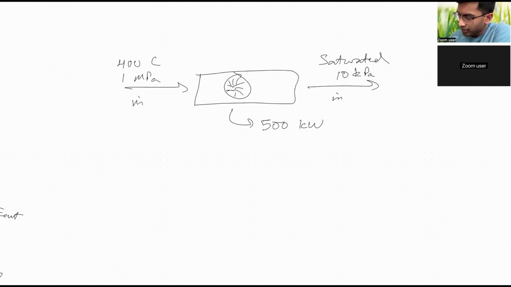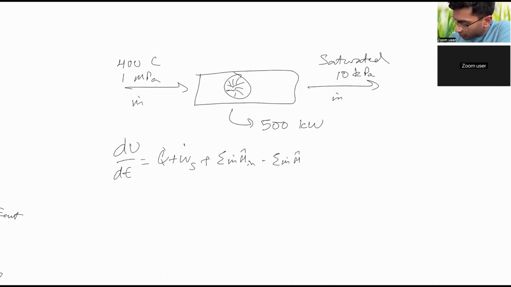So we'll start by setting up the balance. dU/dt equals Q plus shaft work plus mass in, which is the same as mass out, where the mass balance is steady, minus mass out.